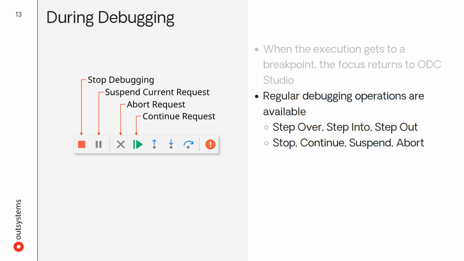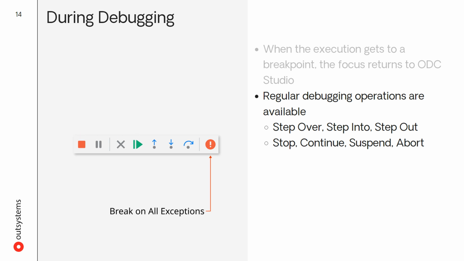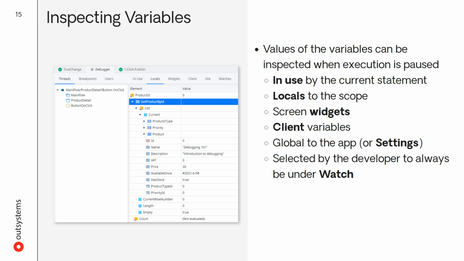There are also options to stop the debugger and suspend, abort, or continue the request. Finally, we have the Break on All Exceptions option, to suspend the execution of the app whenever an exception is raised.